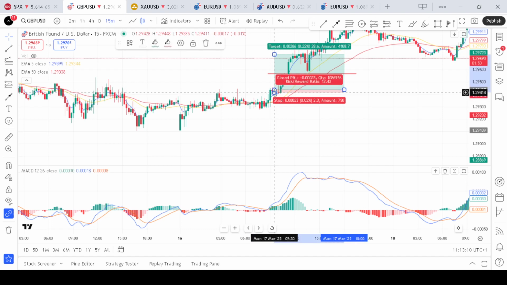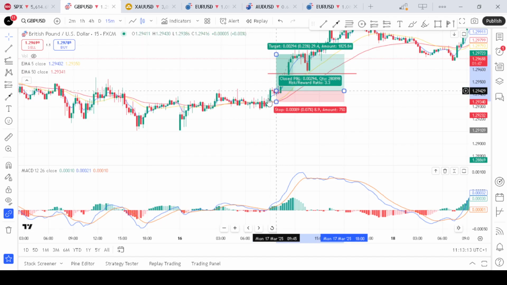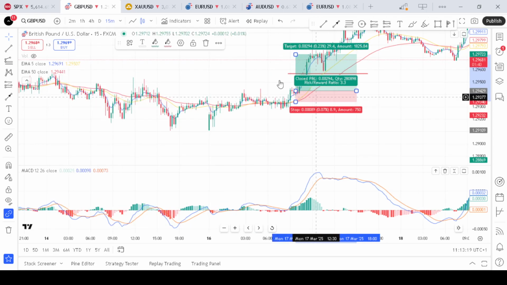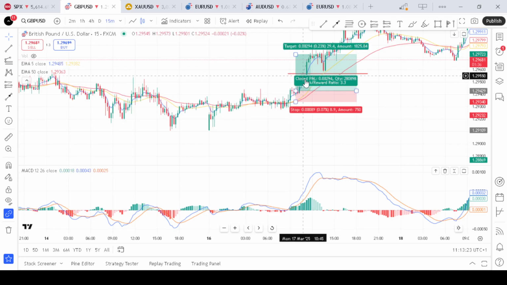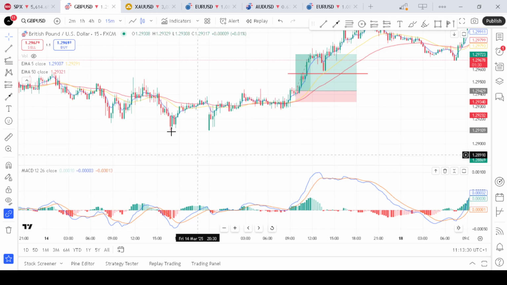This further simplifies our entry and confirms that we are in the right direction of the market. In a bullish scenario, we always look for an increasing bar in the direction of your trade. Since we are looking for buy trades, our MACD histogram is showing an increasing bar.